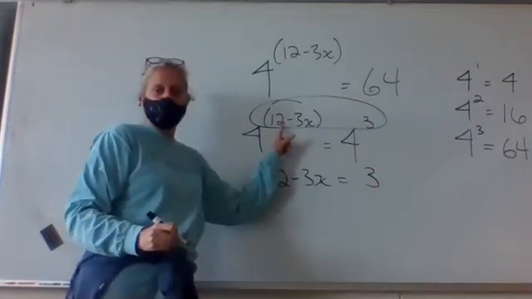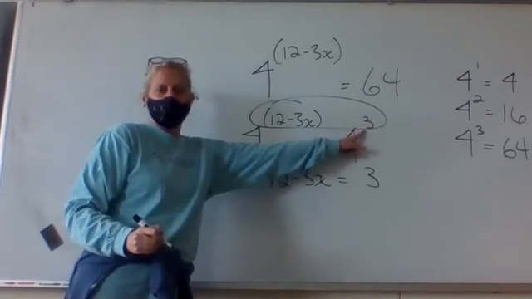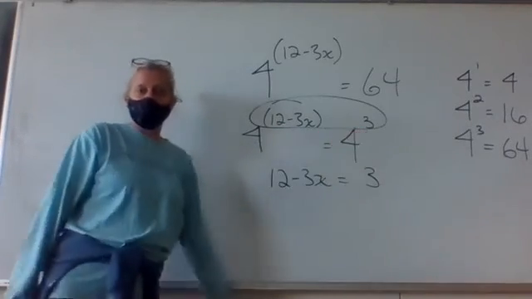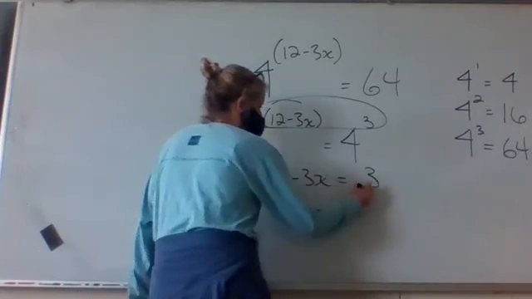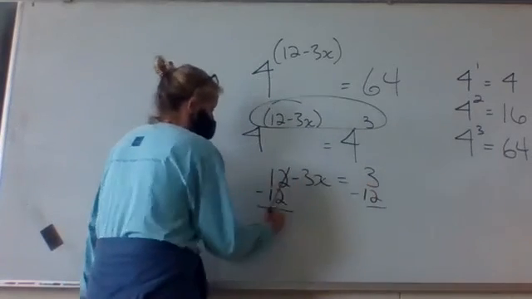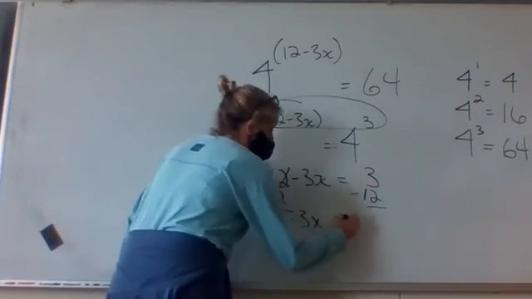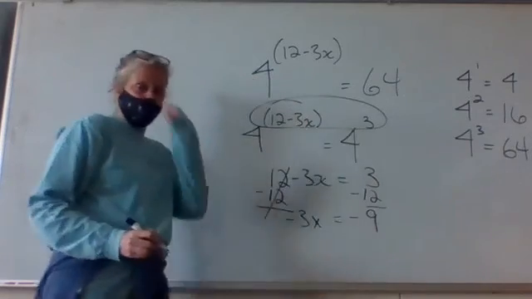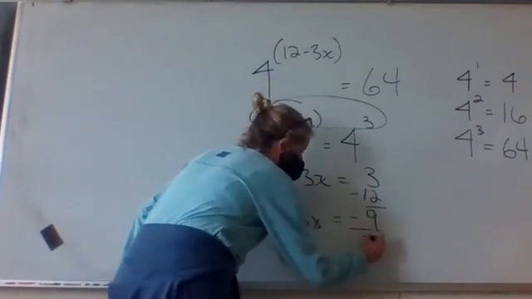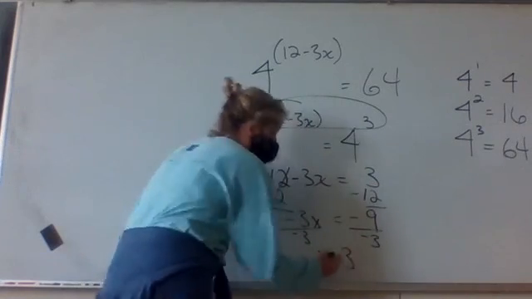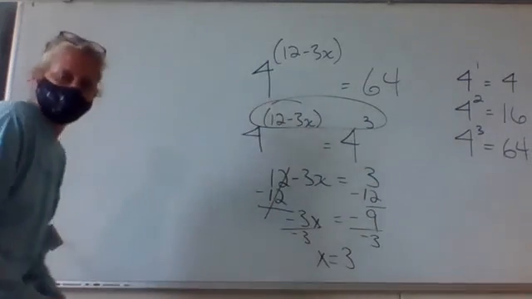Then I solve it for x. Here I would subtract the 12, so negative 3x equals negative 9. Divide by negative 3, so x equals 3.